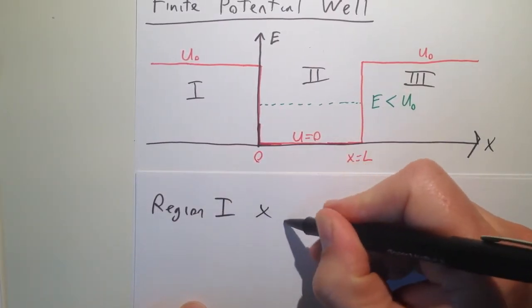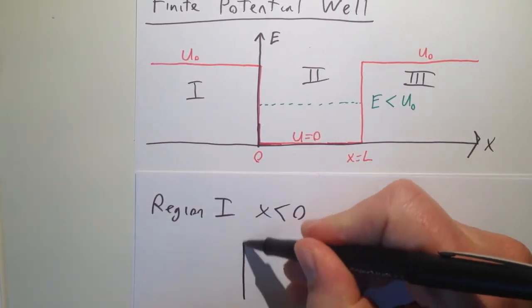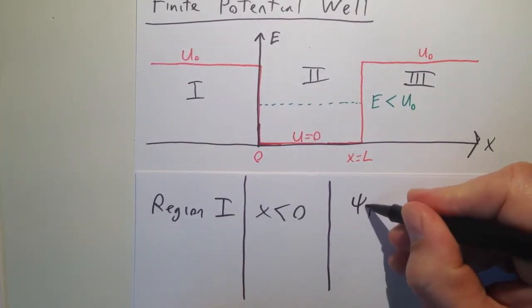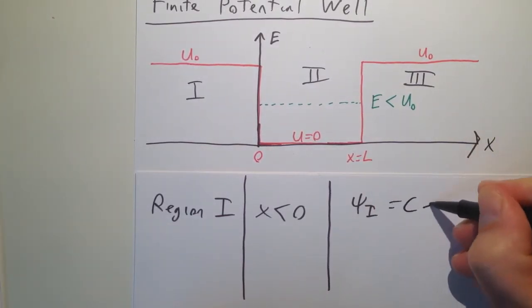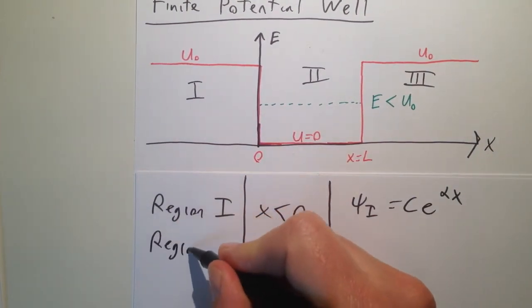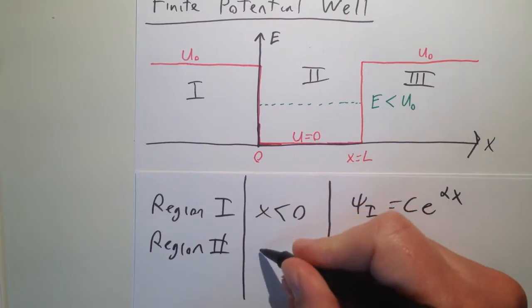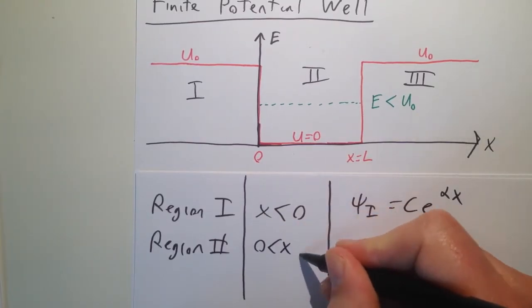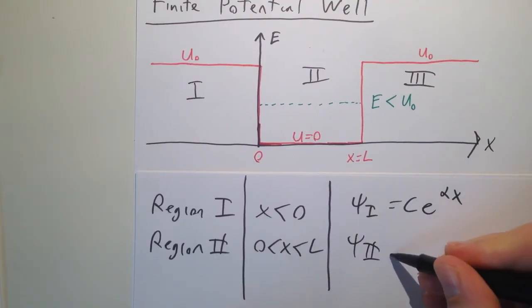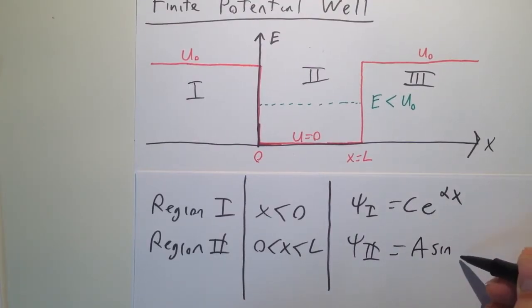and this is x less than 0, make a little table here. The wave function we found is equal to c e to the alpha x. In region 2, which is the region from 0 to L, the wave function we found in that region was equal to a sine of kx plus b cosine of kx.